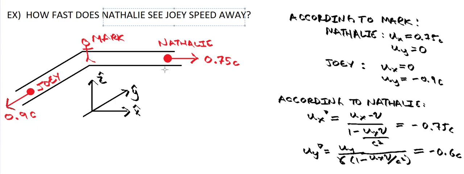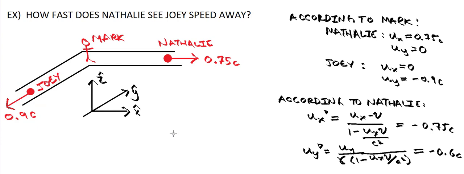I tend to pick myself as the unprimed frame. And so Natalie would be the primed frame traveling with some relative velocity to me of 0.75 c in the x direction. So in this case, what would Natalie measure for Joey in the x and y directions?